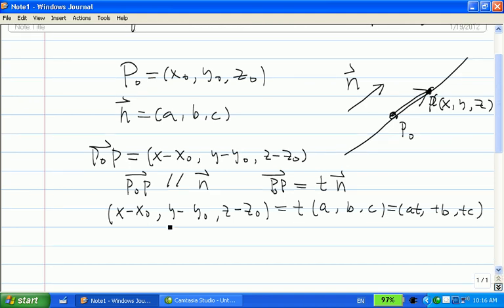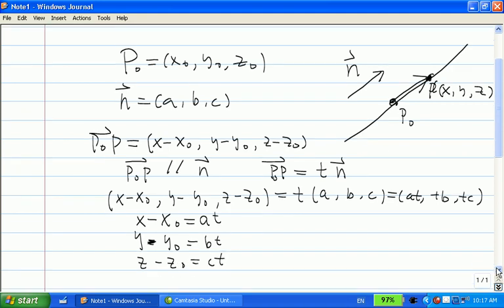We have two vectors that are equal, which means corresponding components are equal. So x minus x0 equals at, y minus y0 equals bt, z minus z0 equals ct, which is equivalent to saying x equals x0 plus at, y equals y0 plus bt, z equals z0 plus ct.